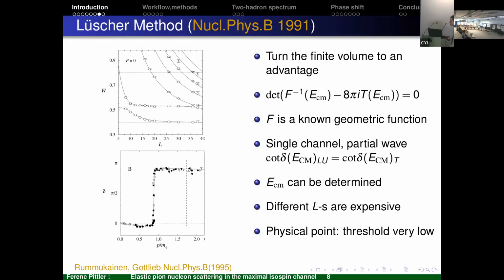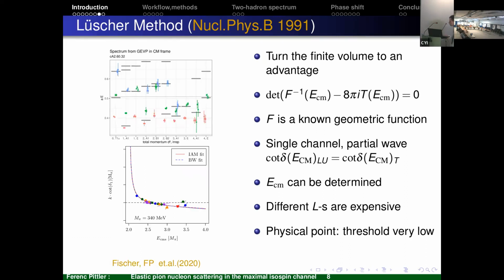And yeah, of course, these are an idealistic case because it simulated several volumes, and several volumes is very expensive in 4-dimensional QCD. Also, if you go to the physical point, this threshold, below which this relation is correct, is actually very low.